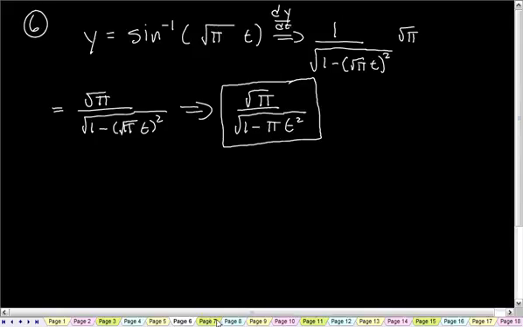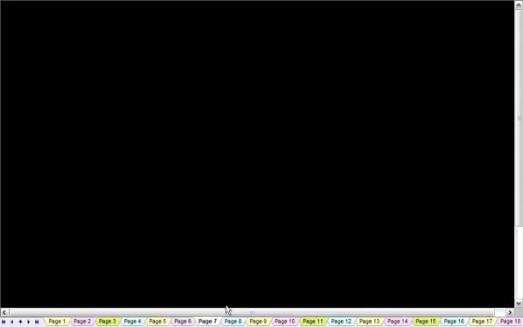Number 7. Y is equal to cosecant -1 of 3x squared plus 1.